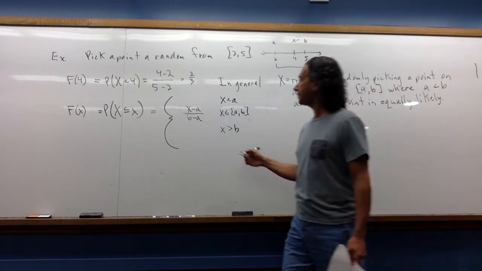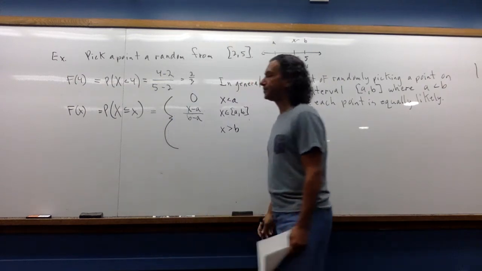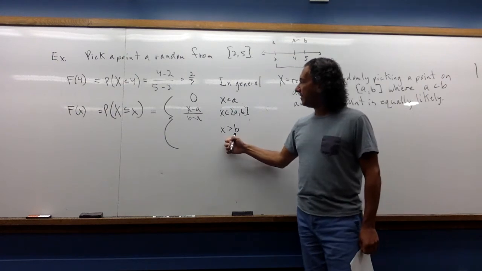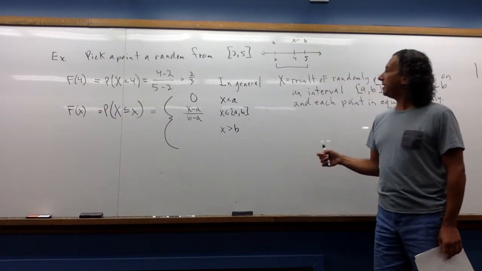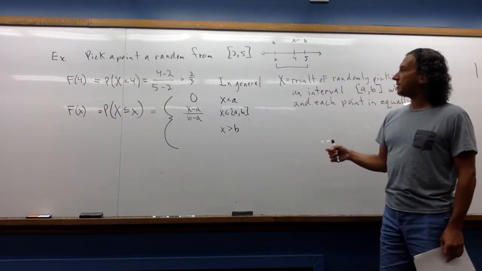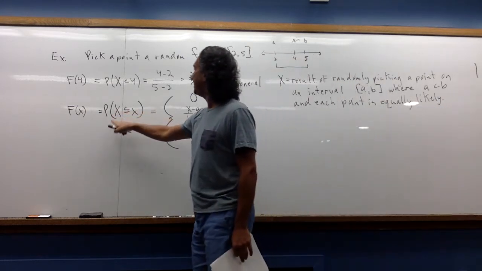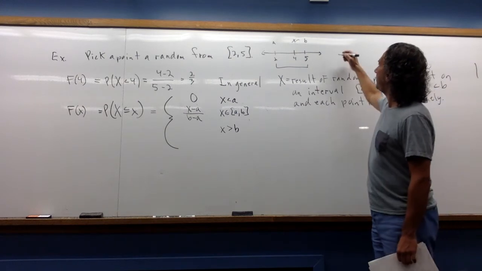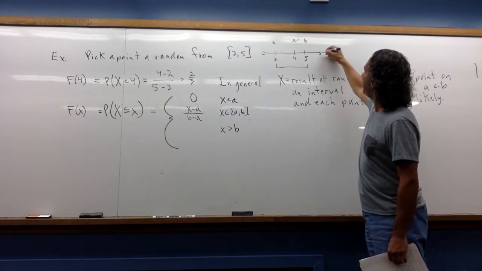That's 0. What's the probability that x is less than or equal to some number that's bigger than b? What's the probability that x is less than or equal to some number out here?